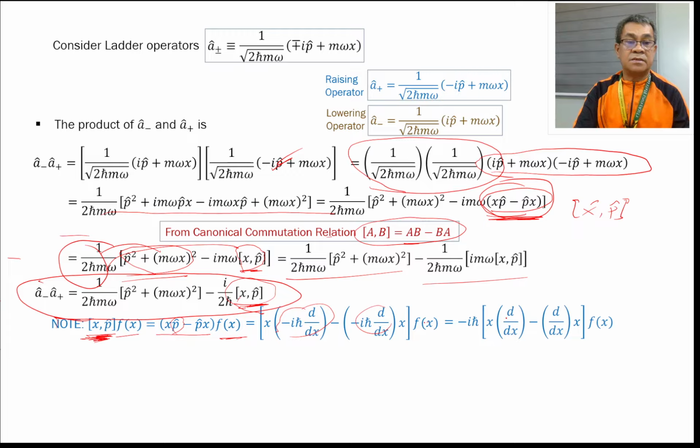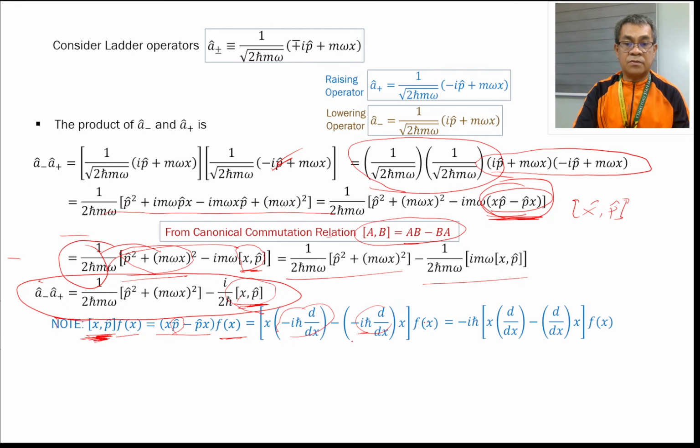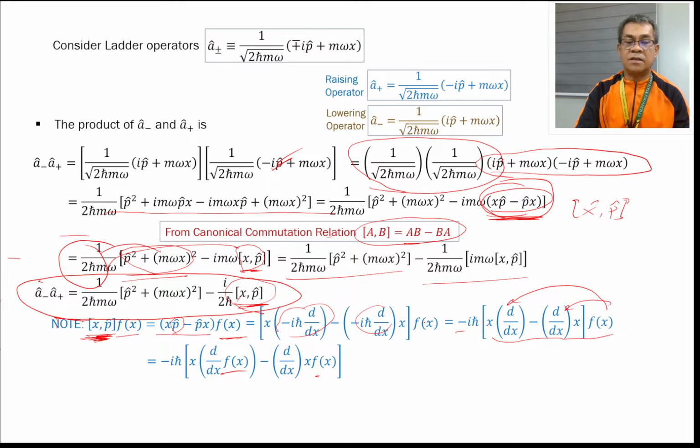When we remove the negative i h-bar because they are constants, nothing to worry about. Then distribute the function to the two terms, and we come up with this. Then apply the derivative.